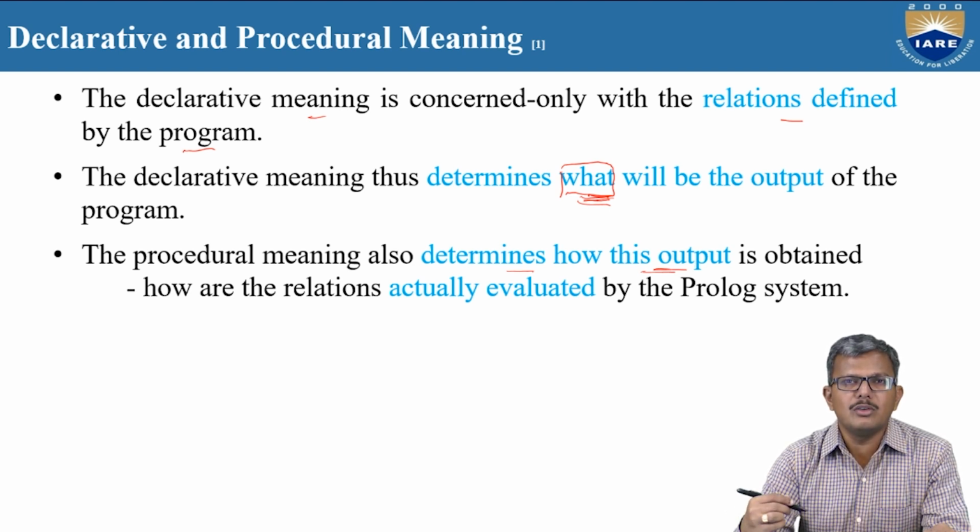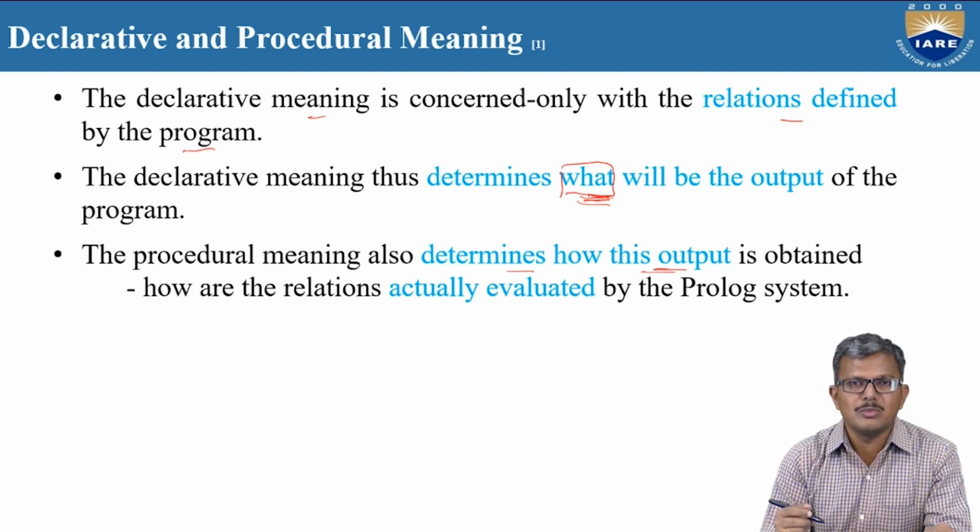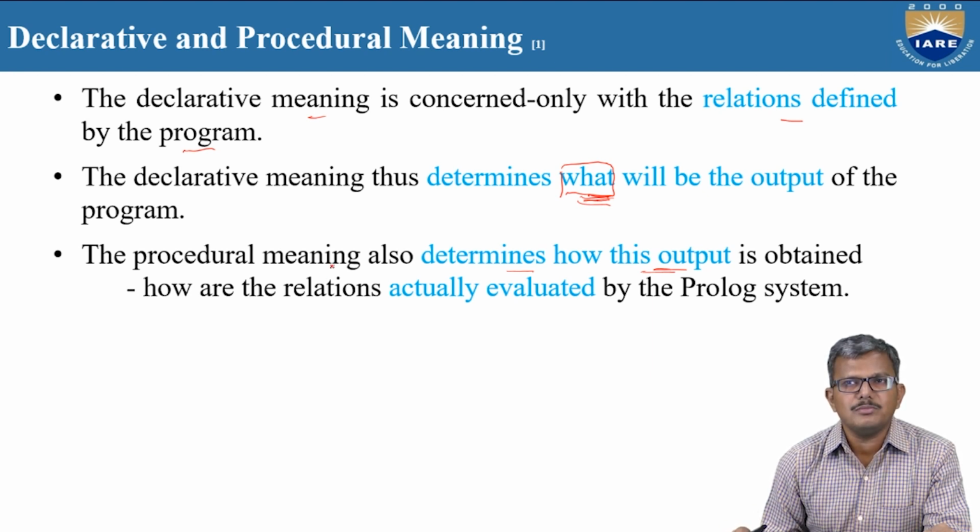If you want to know what output we are going to get, simply you need to understand the declarative meaning of the program. But if you want to know how the Prolog interpreter is executing the statements and how it has given a particular result, then you need to understand the procedural meaning of a program.